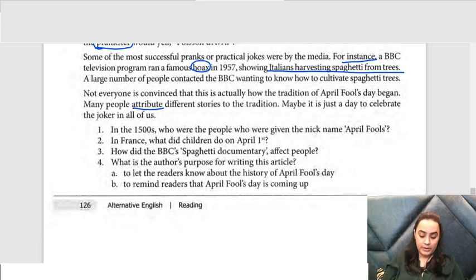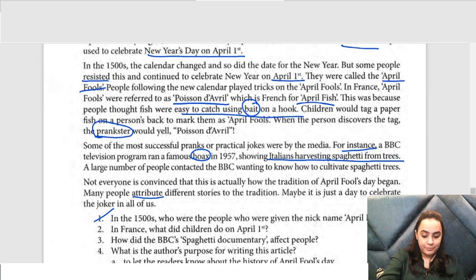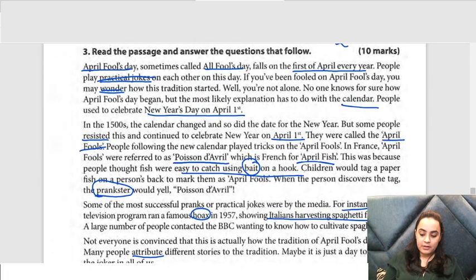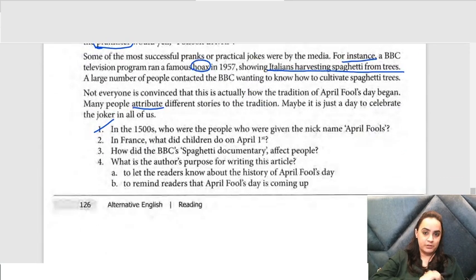Now, the first question. In the 1500s, who were the people who were given the name April Fools? As it is written in the very first paragraph. The people who used to celebrate the new year on 1st of April.